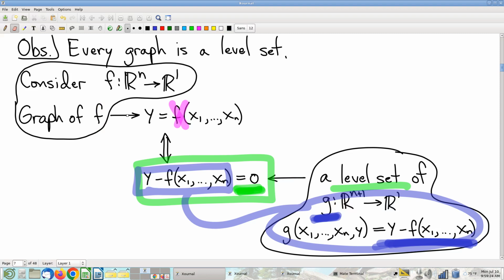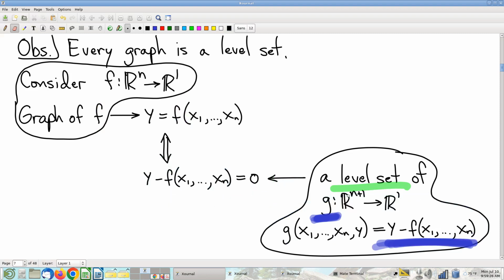And now let's pay attention to variable counts here. How many input variables? What domain are we dealing with here? For example, my original function had n input variables, and so my original function was a function on R^n. My new function, the function whose level set gives me that graph, has all of those same original n variables and a new one called y.